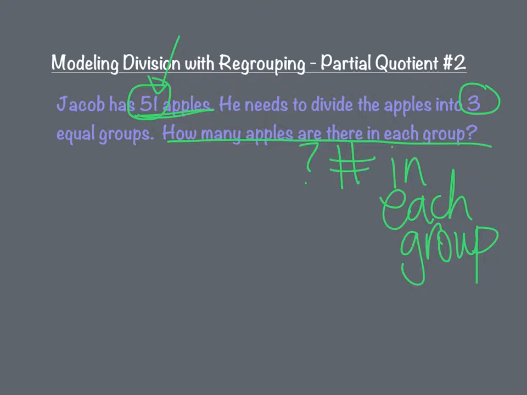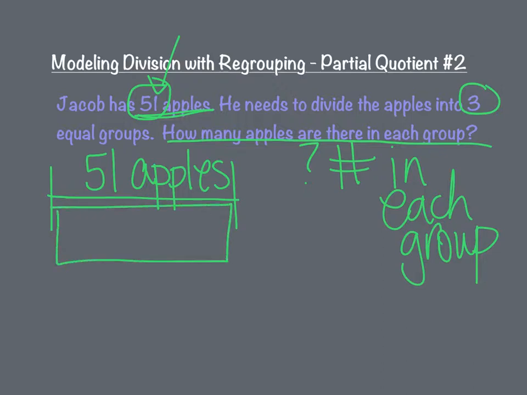So to set up my word problem structure, I'm going to draw my total line, and I know my total. So I'm going to write 51 apples up here at the top, and I also know my groups. How many groups? That's right, 3. So I can draw 3 boxes.